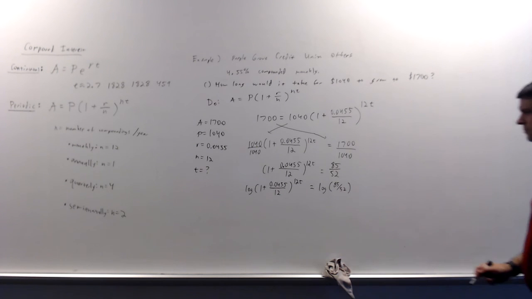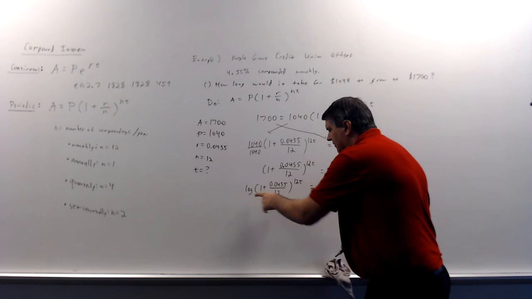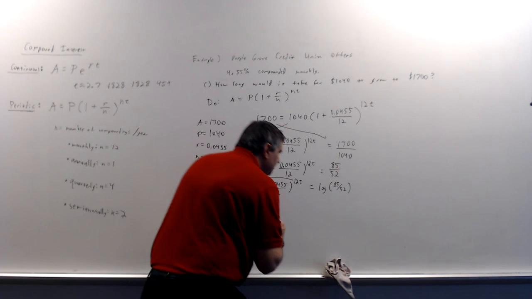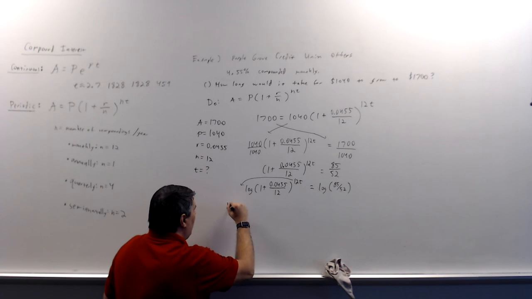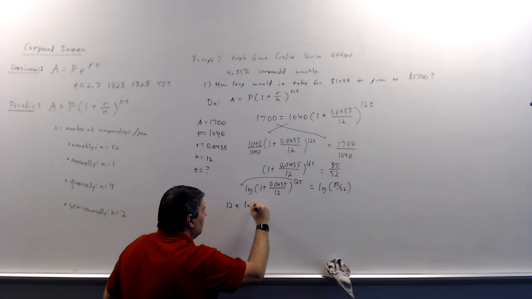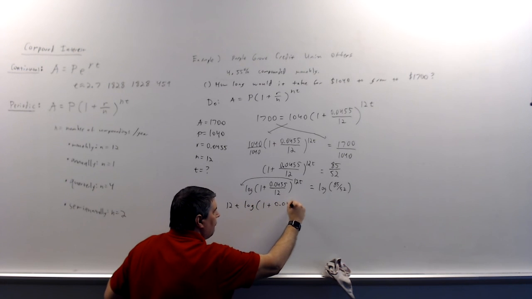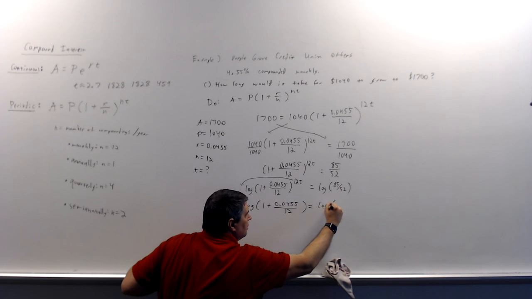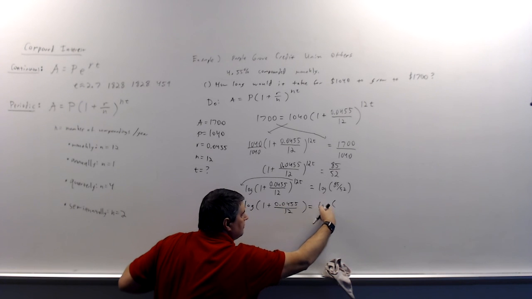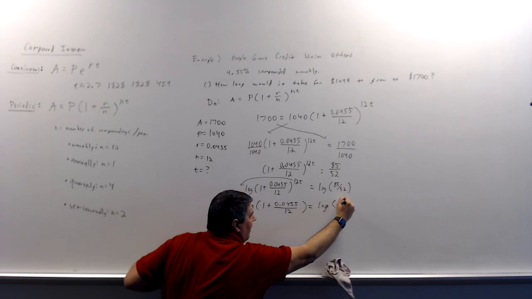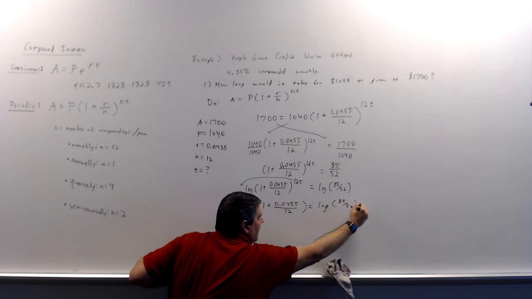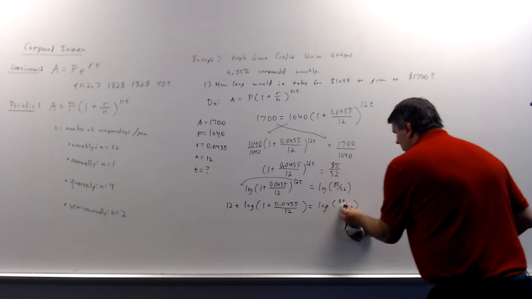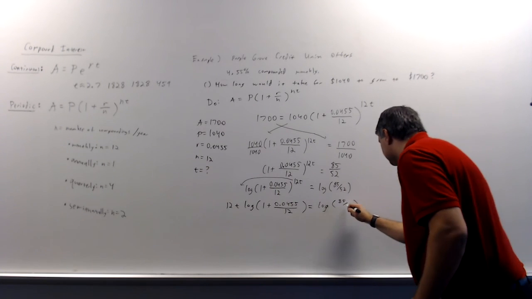All right, so since it's log base 10 of something other than 10, the 12t can go to the front, and I've got 12t log of 1 plus 0.0455 over 12 equals log of 85/52. Okay? I'm going to make that look more legible. 85/52.